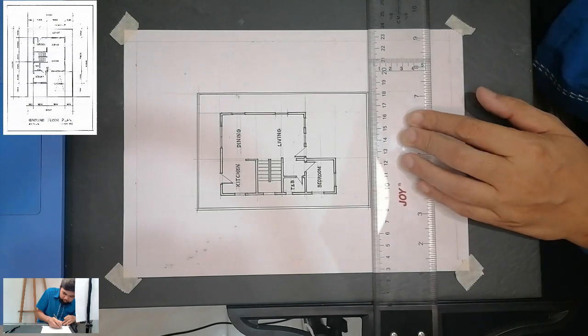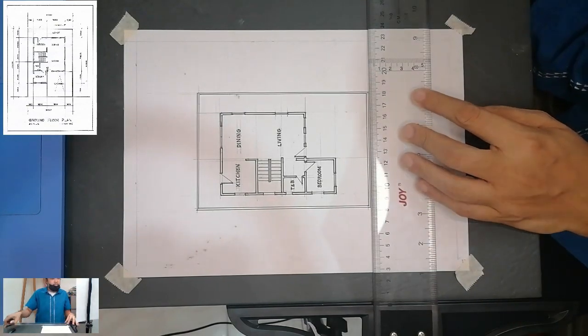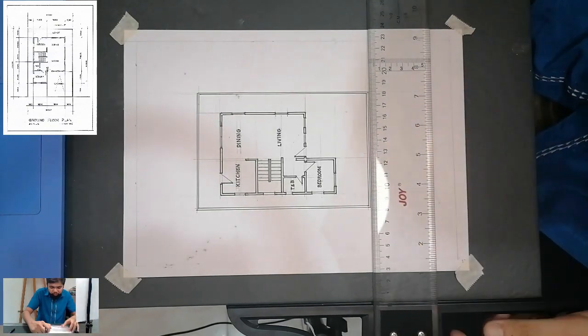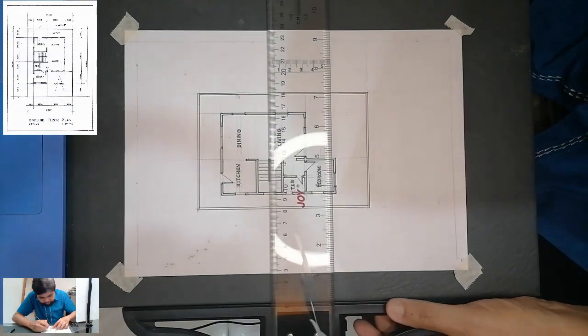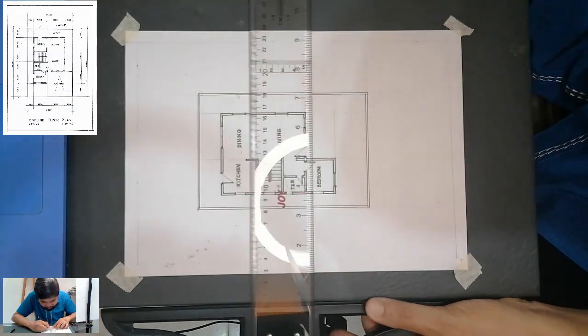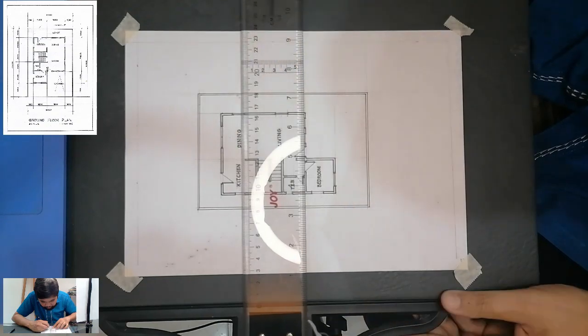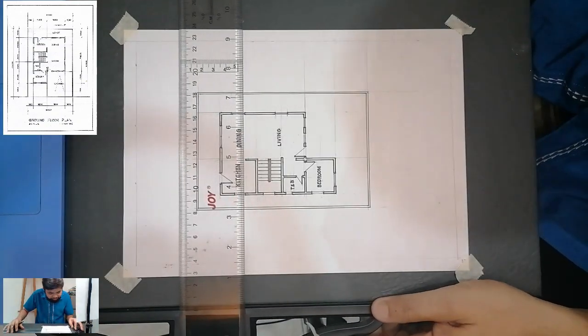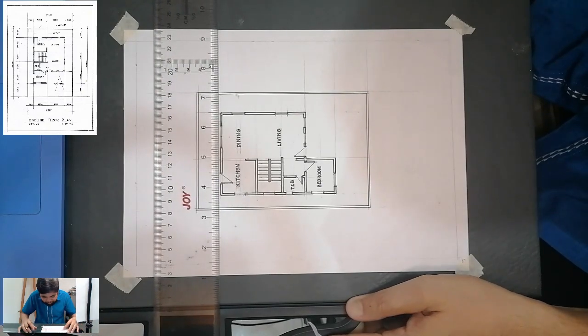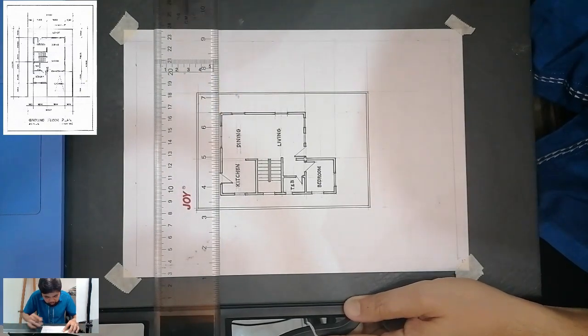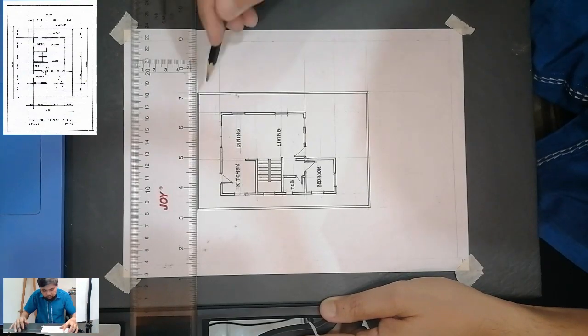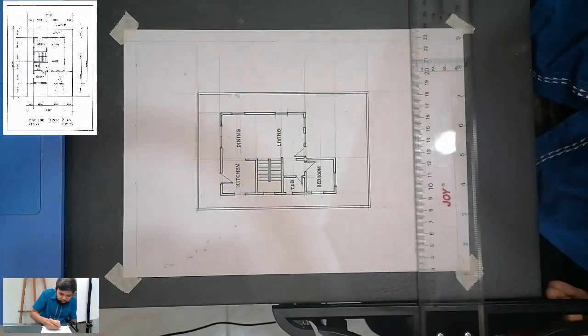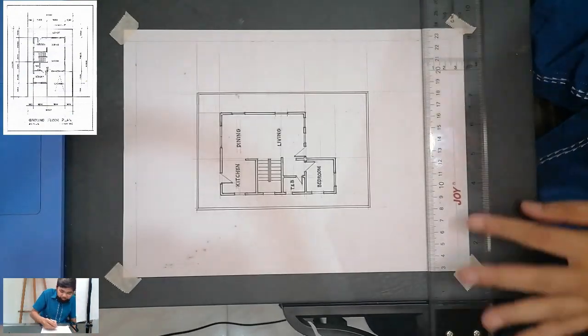Dimensions is very important, no? Ito yung parang pinaka information ng ating floor plan. So dimensions doesn't only include measurement but also the dimension line.